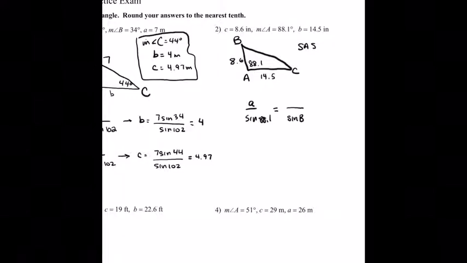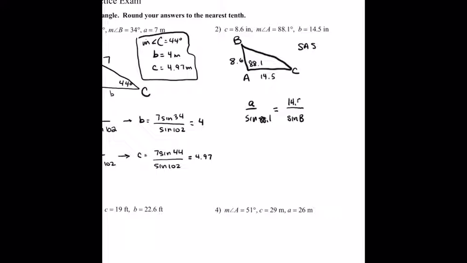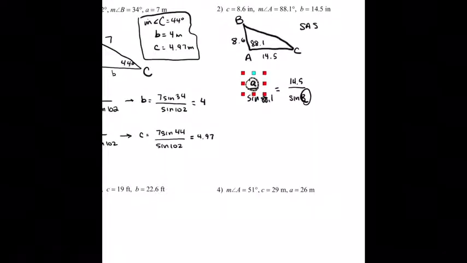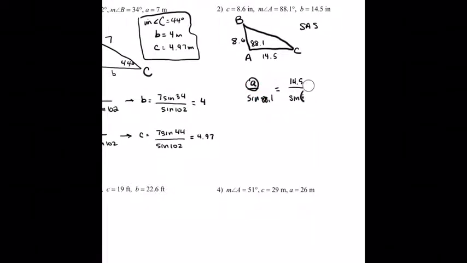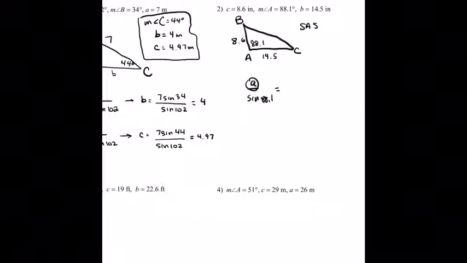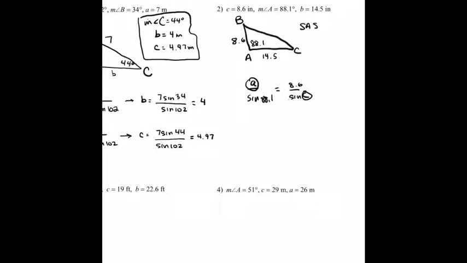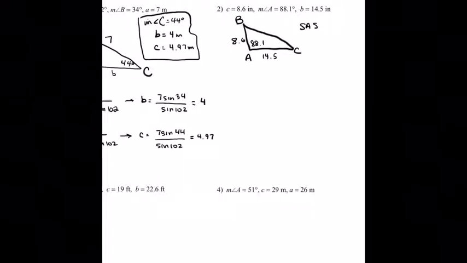So if we try to use another ratio like side B, which is 14.5, there's 2 unknowns, so we can't solve that equation. So we could try it for C. Side C is 8.6, but we don't know angle C either. So there's 2 unknowns, so that one's not going to work. So law of sines isn't going to work. It has to be law of cosines.